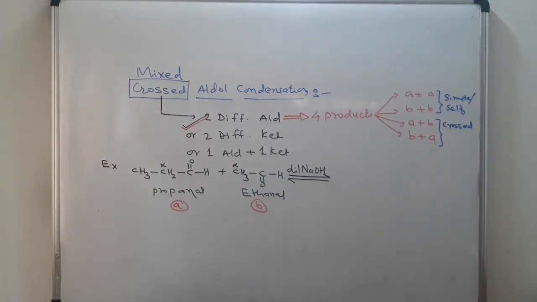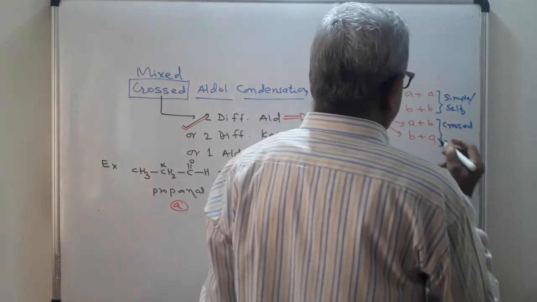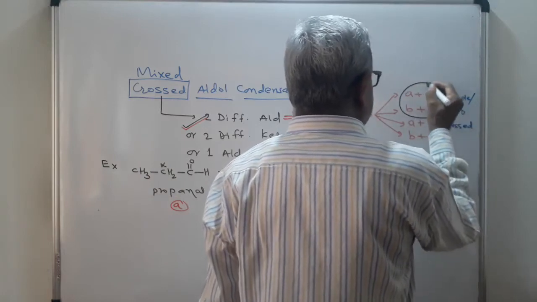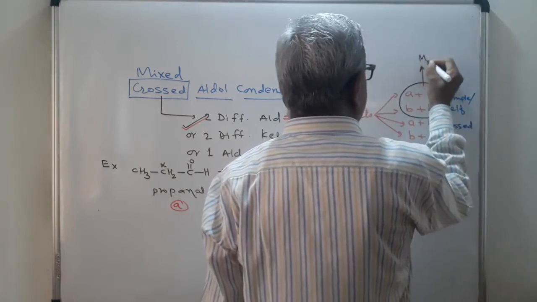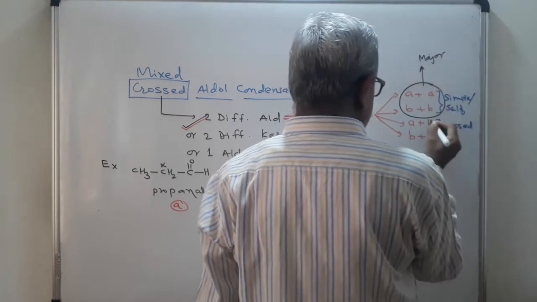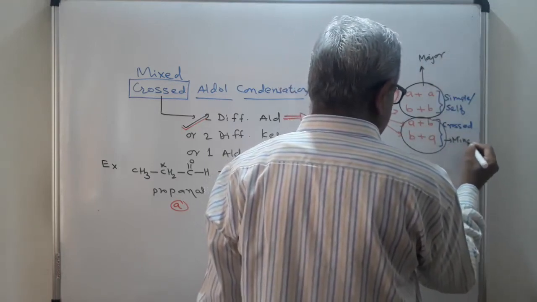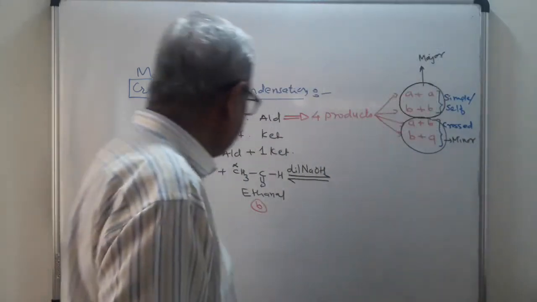When such a situation is there, with the simple and cross combinations, these two products will be major and these two products will be minor. So this point is important here.